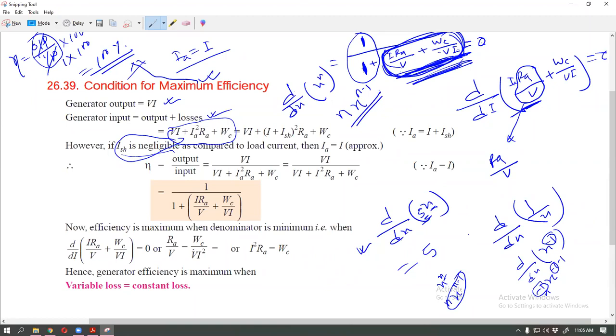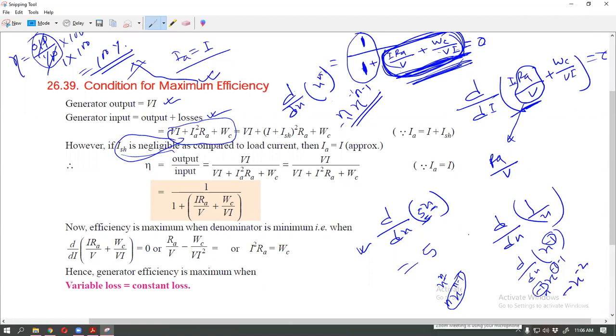So this n means minus 1. This is minus 1 times x to the power, minus 1 minus 1. So this is equal to minus x to the power minus 2.